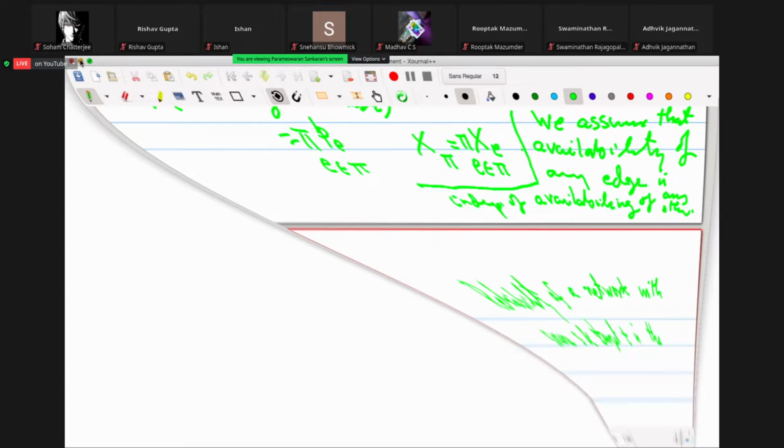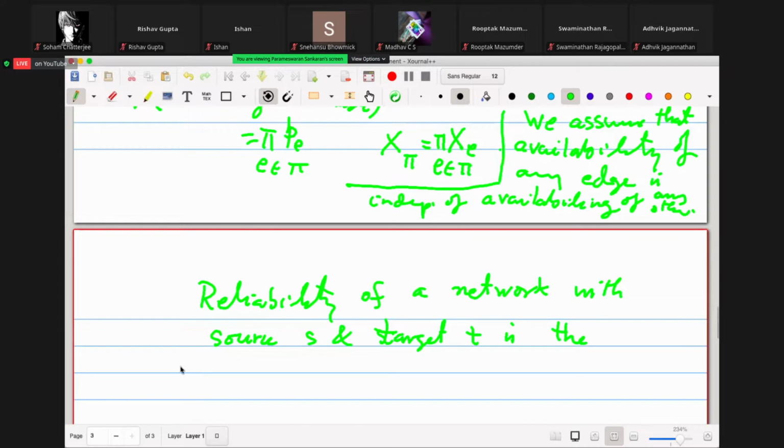We define reliability of a network as the probability that there is a path, or route or whatever, from the source to the sink using only edges which are working. That is the probability that there is a path that is available.